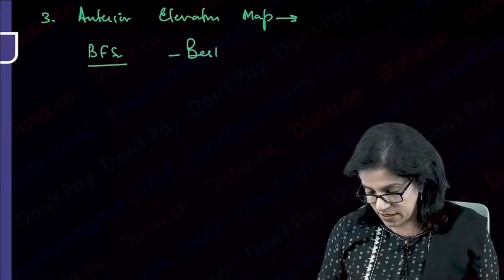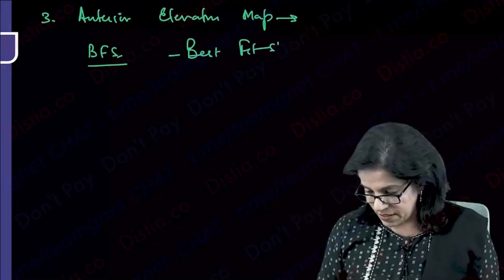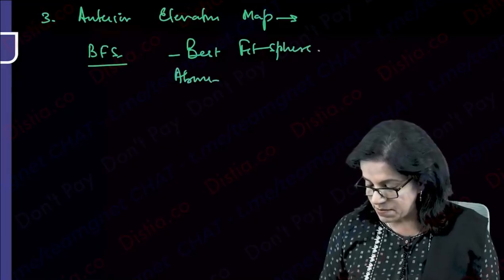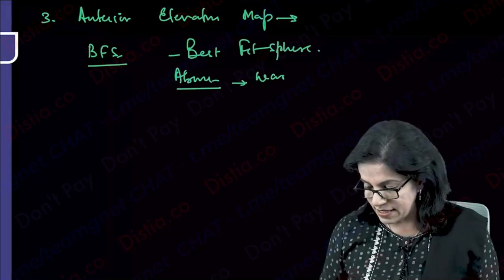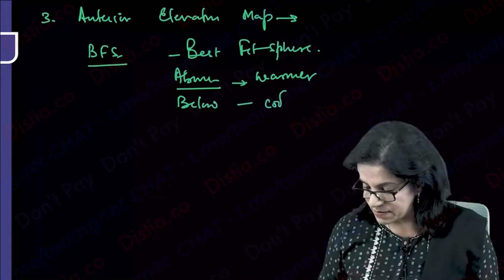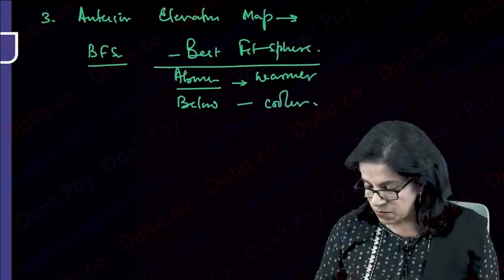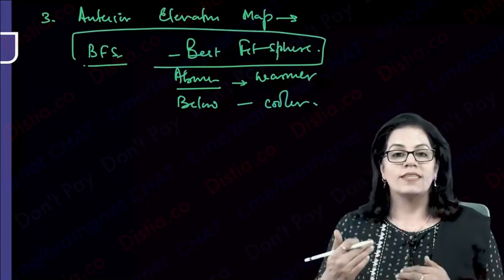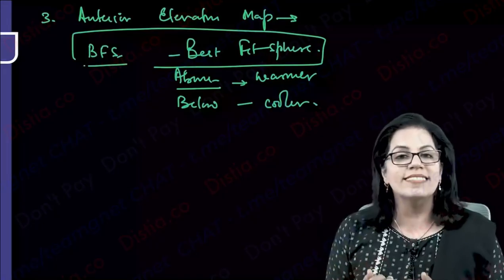When it is above the best fit sphere, it is depicted as warmer colors, and when it is below, it is depicted as cooler colors. So what is the curvature above this, is it more or is it less? This is how the color coding is done.